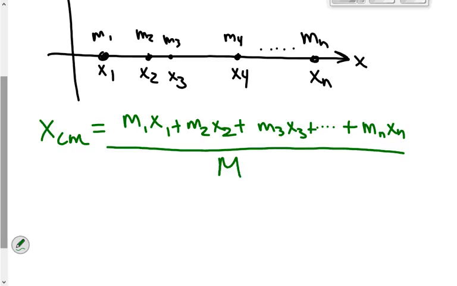And I'm going to divide that by capital M, where capital M is the total mass. So it's the summation from i equals 1 to n of each of my masses. Okay, do we remember how to deal with summations? Vaguely. Let's write everything down, and then we'll talk about what it means.